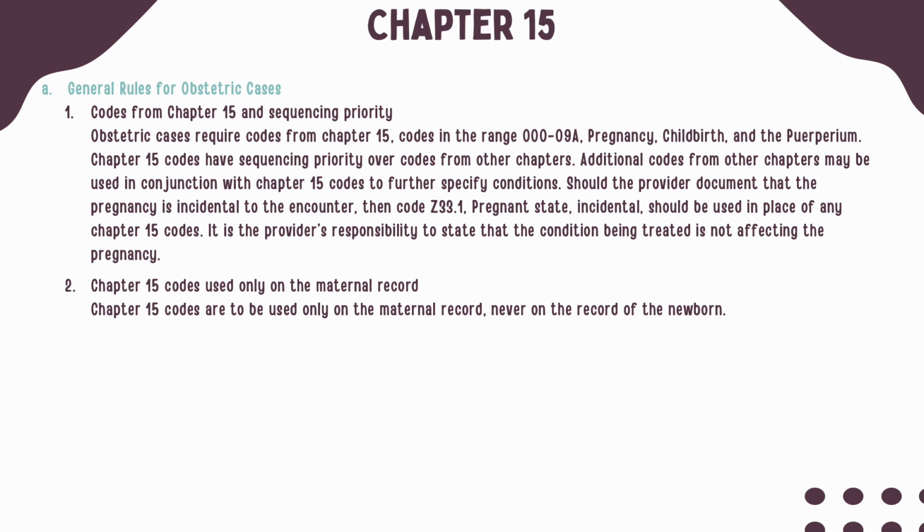This code should only be reported when the provider specifically states that the condition being treated is not affecting the pregnancy. Another important note for Chapter 15 codes is that they should only be used on the maternal record and should never be assigned to your newborn record.